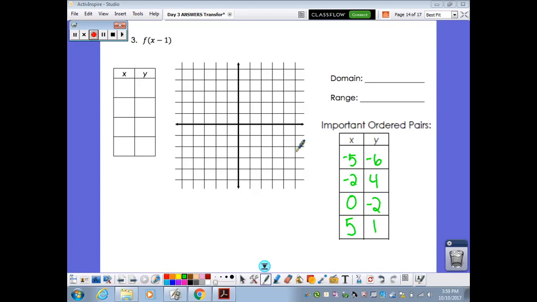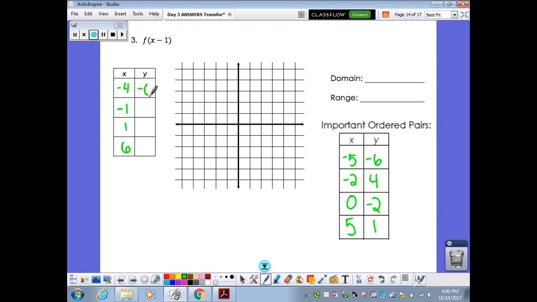We have this function here, f of x minus 1. So this minus 1 is associated with our x. When we know something is associated with the x, we know that it's going to do the opposite of what we normally would think it would do. So this is telling us that we need to move our function 1 to the right, which means we need to add 1 unit to all of our x's, which brings us to negative 4, negative 1, 1, and 6.